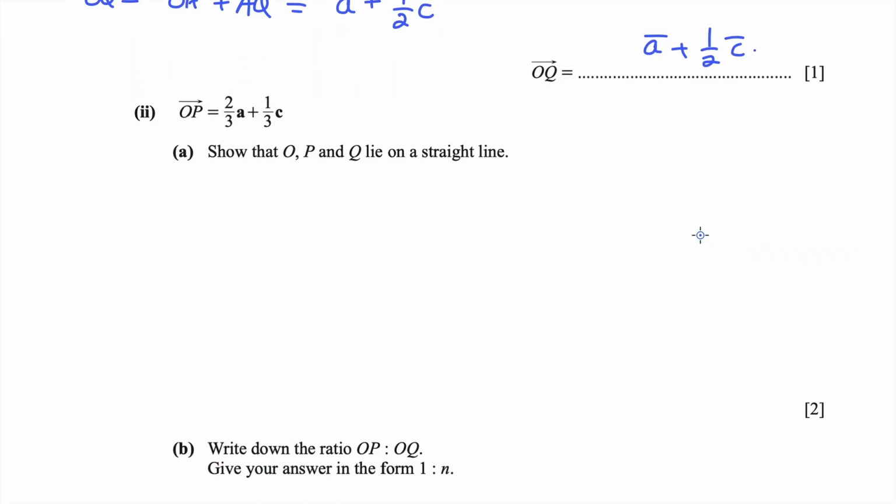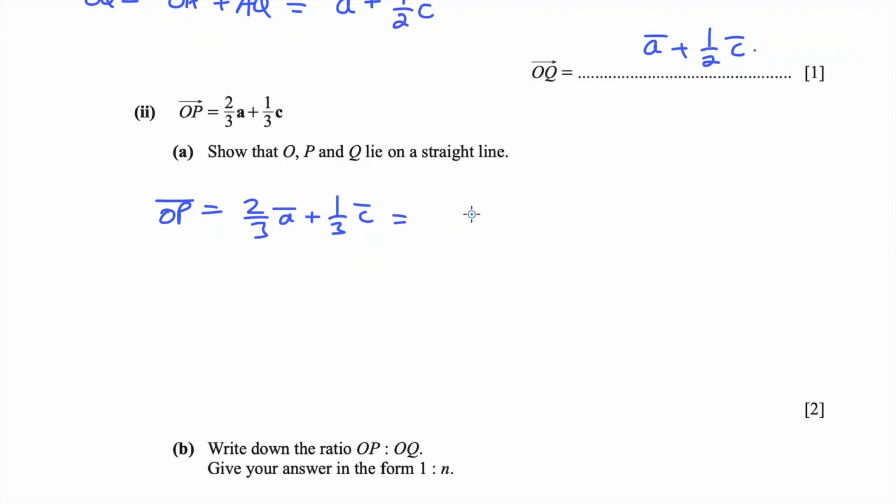Show that O, P and Q lie on a straight line. Okay, so we need to show that they are parallel vectors and that they have O as the common point. So OP bar is equal to 2 by 3 a bar plus 1 by 3 c bar.